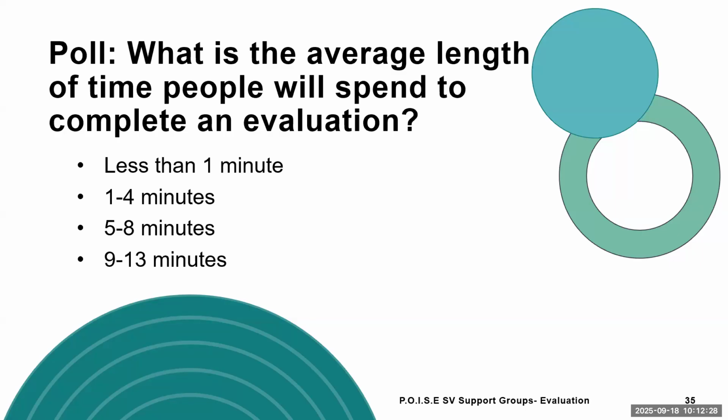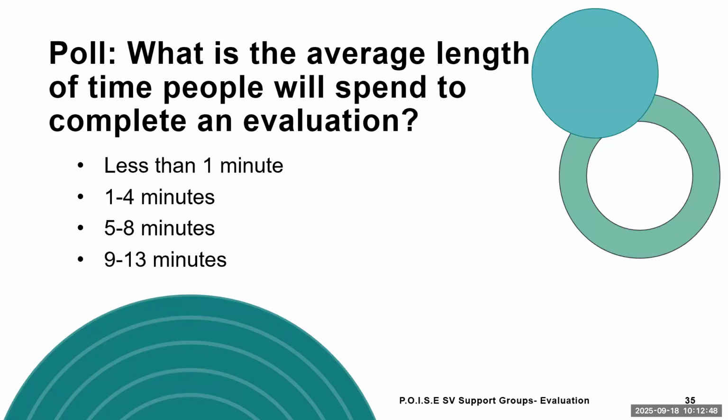So the average time that people will actually spend completing an evaluation is 5 to 7 minutes, right? And so that is a pretty short length of time. Research has also shown that after 10 minutes there is a very significant drop off of the people who will complete a survey.